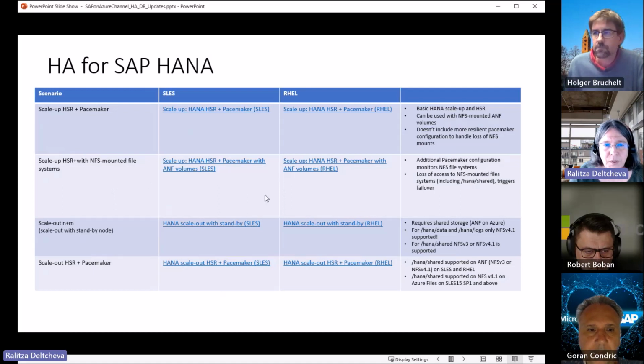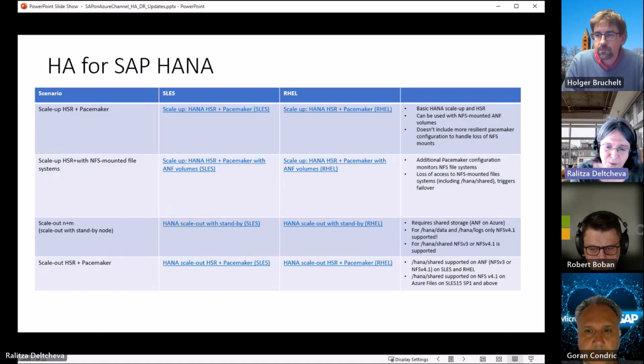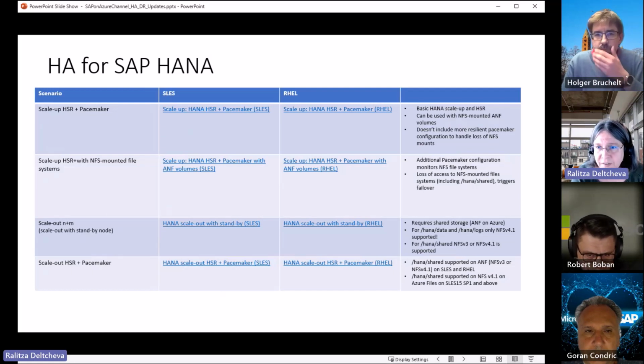So when you have a deployment for HANA Scale Up, and the file systems are NFS-mounted file systems, you have the following situation. The resource agents in the pacemaker cluster, the HANA resource agents, in order for them to monitor the HANA application, rely on executables which are on HANA shared.